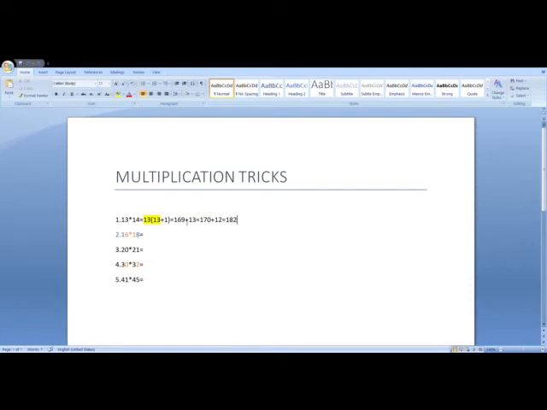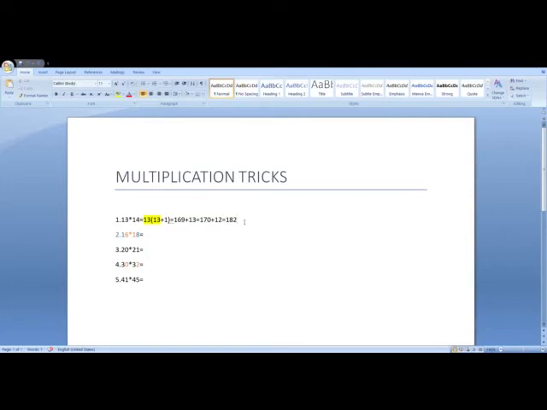We take 160, and from 13 we take 10. So 160 plus 10 is 170, and the remaining 9 plus 3 is 12. So 182. It's very easy to do.